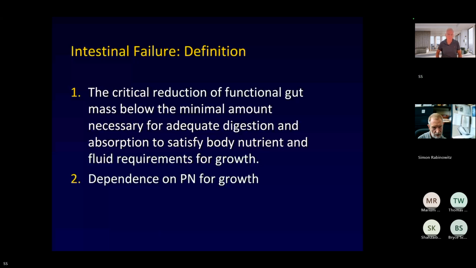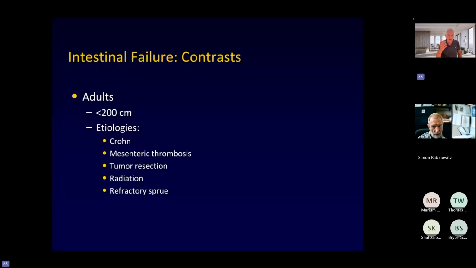And let's look at some contrasts. The adult, you would have less than 200 centimeters of bowel, which could lead to a state of intestinal failure. And the etiologies are generally secondary to Crohn's disease, vascular problems, tumors, radiation, or unusually patients who have celiac disease refractory to therapy.